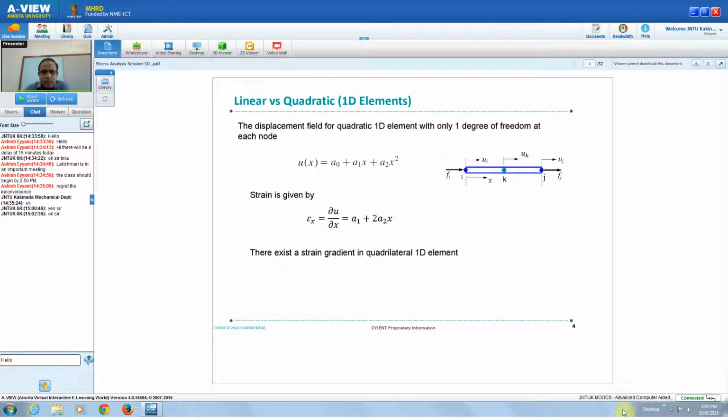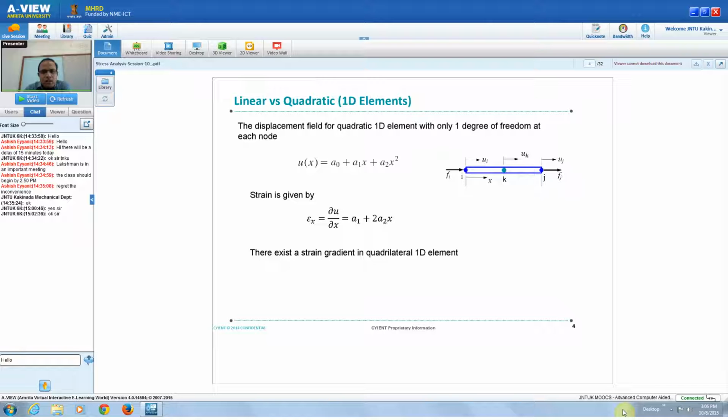When you try to get strain from this displacement function, that is nothing but a derivative of this function. It gives two terms: a1, which is constant, and 2a2 into x.